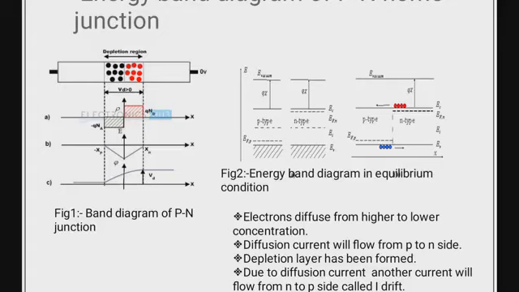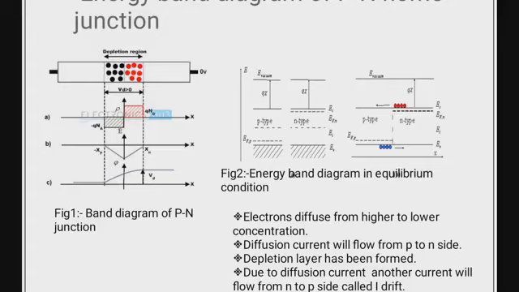Now what is basically happening in the figure 1 A diagram. This diagram basically represents the charge carrier density.